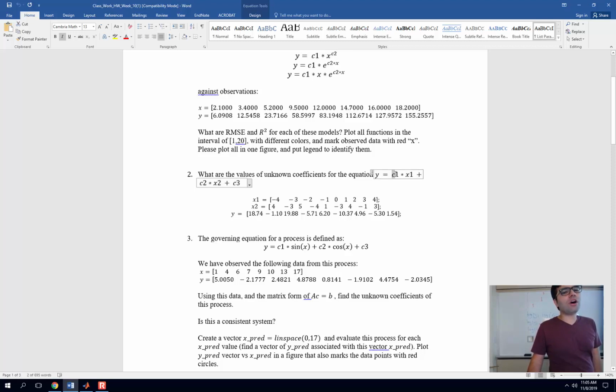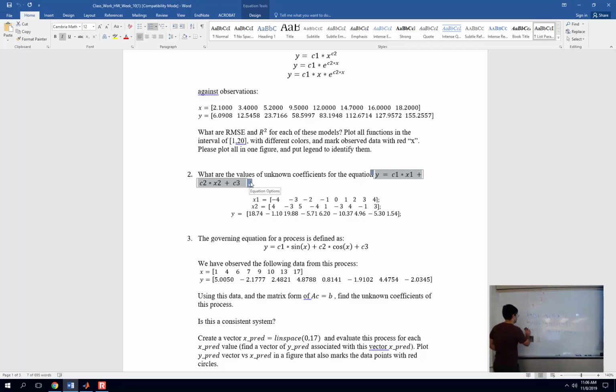What are the values of unknown coefficients C1 and C2 and C3 in this equation? How do I calculate? I'm looking for C1, C2, and C3. I have to create my matrix A now, right?